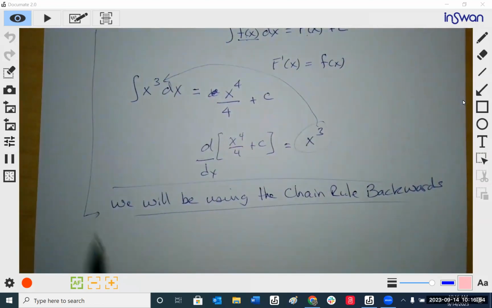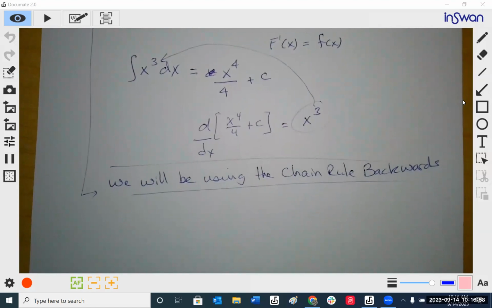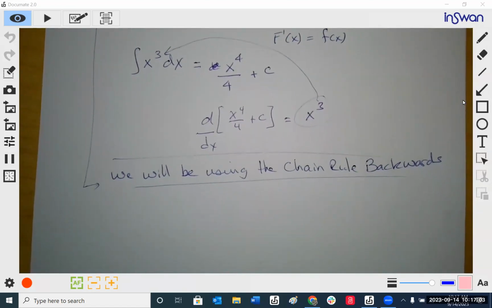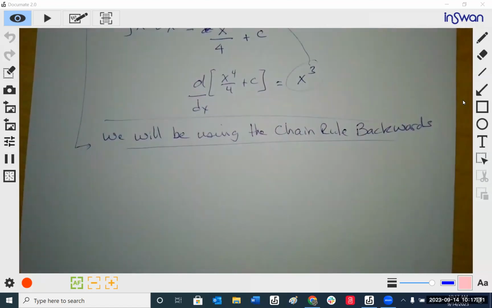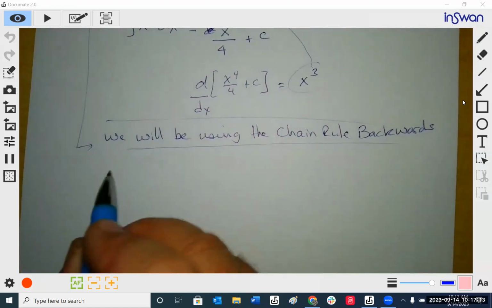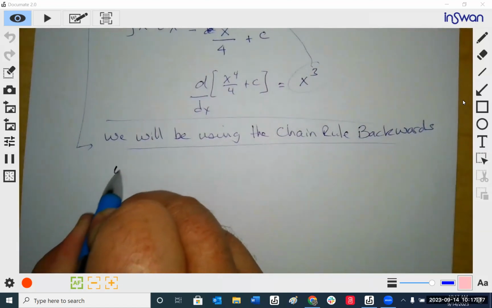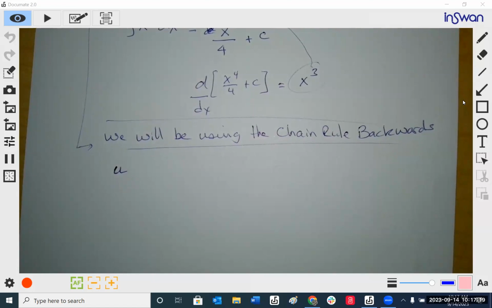That's the substitution method. All right, so whenever we deal with substitutions, we always say we're going to be using u.